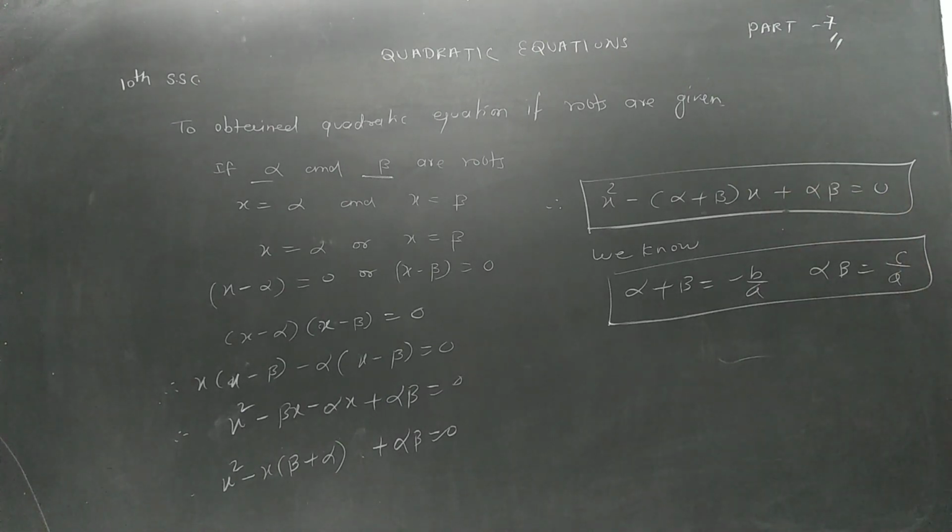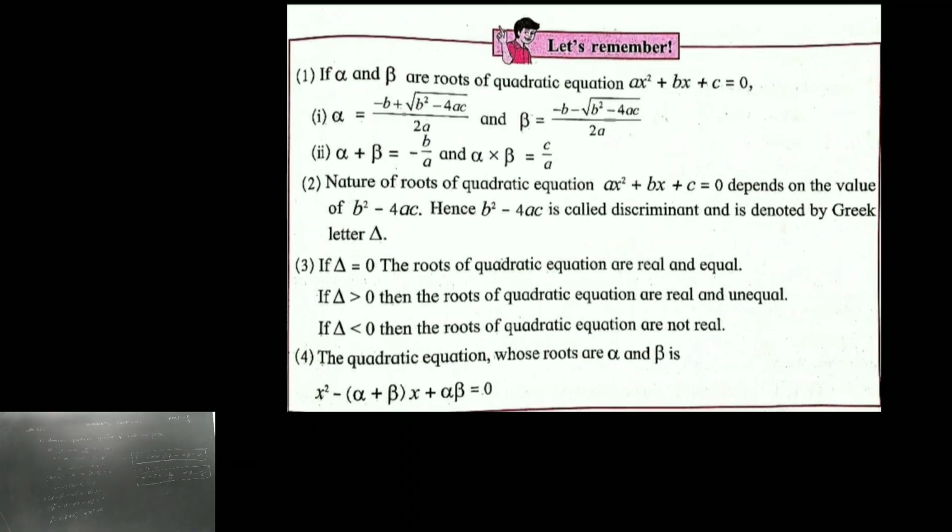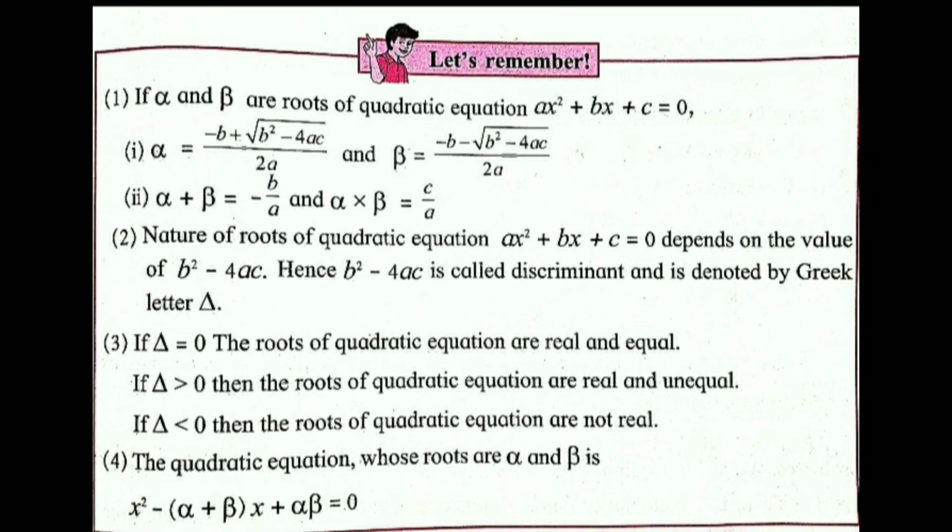Comment on it properly. On page number 49 of your textbook, they have given, let's remember. If alpha and beta are the roots of a quadratic equation with general formula, we studied the general formula ax square plus bx plus c is equal to 0.